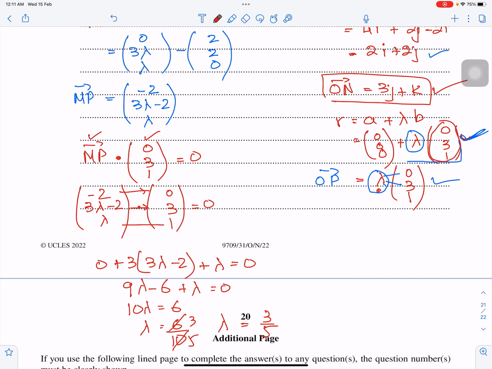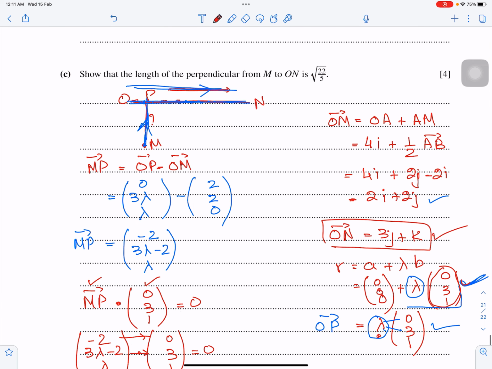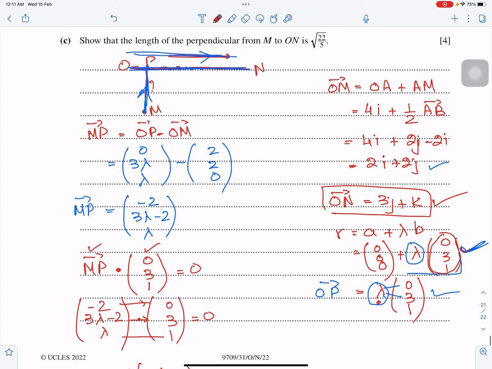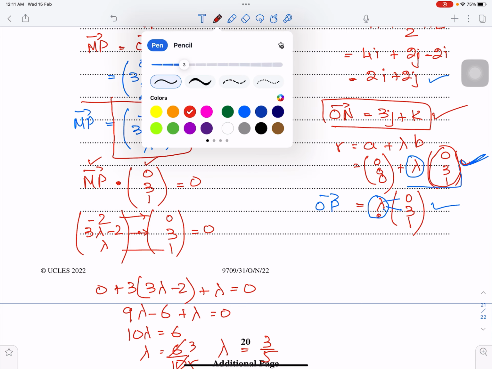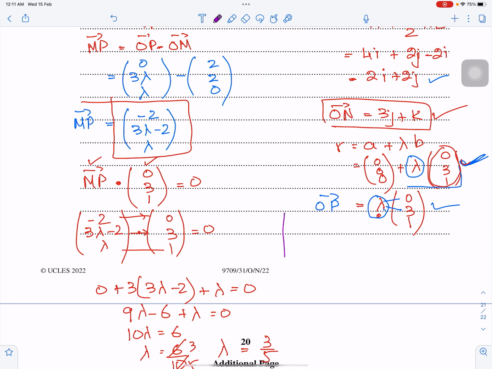But I have to find what? The distance MP. So this is my vector MP. In this vector, I will plug in the value of lambda and take its modulus. So let me make a box here just to differentiate it.